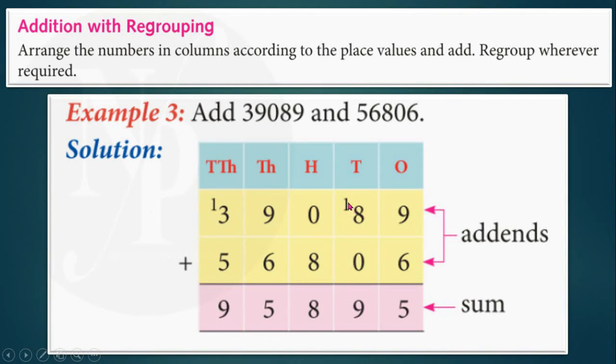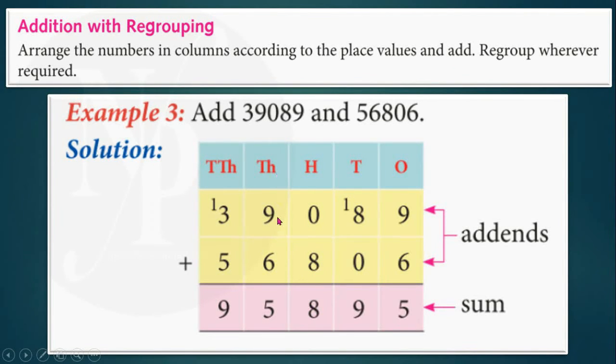So here we add 1 plus 8, it will be 9, and 9 plus 0 is 9. So it represents 9 tens, remember. There is no digit to be carried forward to the next place because it is just 9. When we add the digits in hundreds place, 0 hundreds plus 8 hundreds is just 8 hundreds.